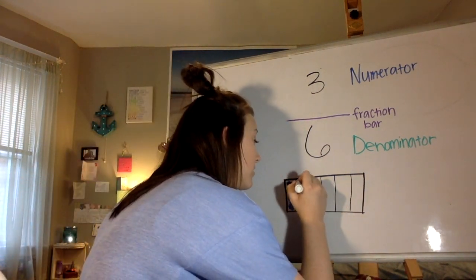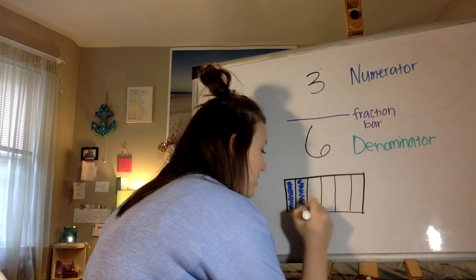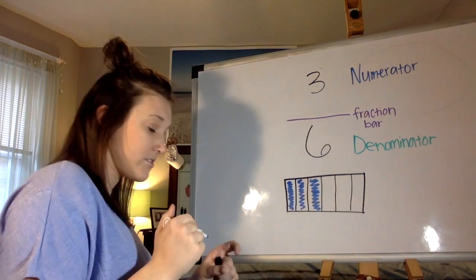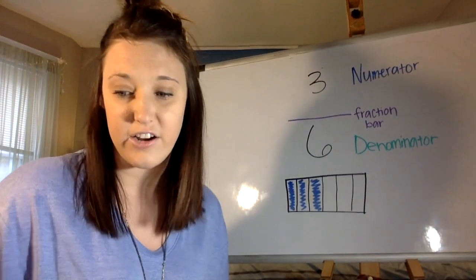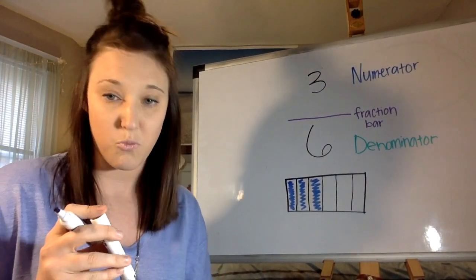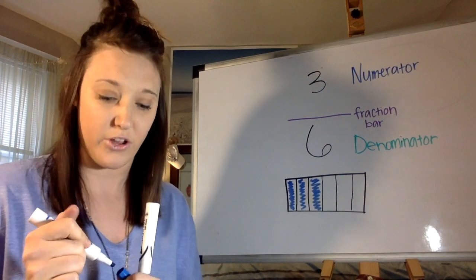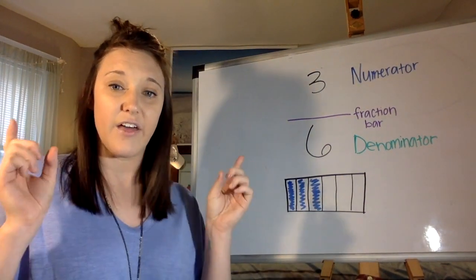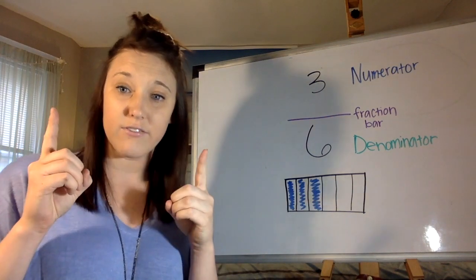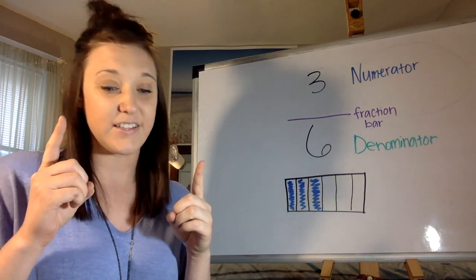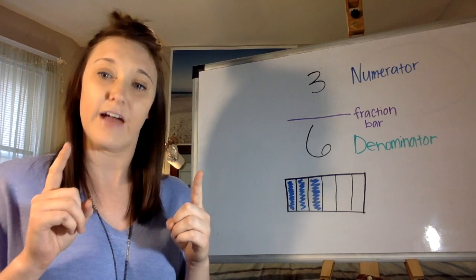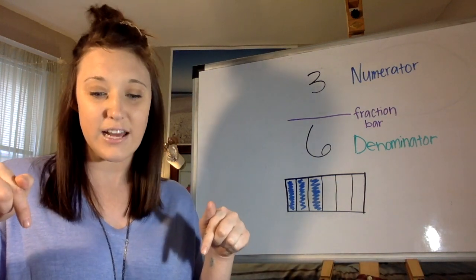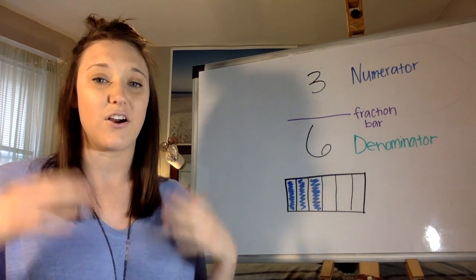So I will then color in 3 equal parts, because I don't want you to think that fractions are always just 1/2, 1/3, 1/4. There's more than that. But understanding that north of the fraction bar is your numerator, and that's telling you how many equal parts are being counted. And down below your fraction bar is your denominator, and that's telling you how many equal parts are in the whole.